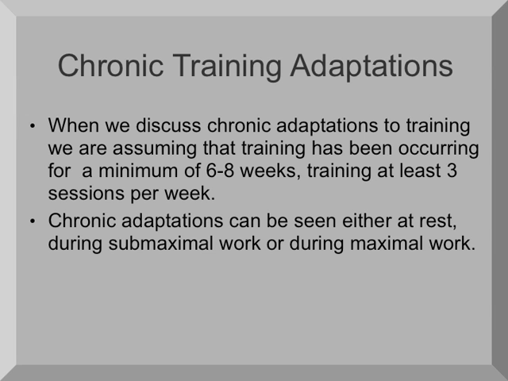And when we look at chronic adaptation, we usually see the changes at a minimum of 6 to 8 weeks of being involved in our regular training program. We'll see changes that occur at rest, at submaximal workloads, and also at maximal workloads.